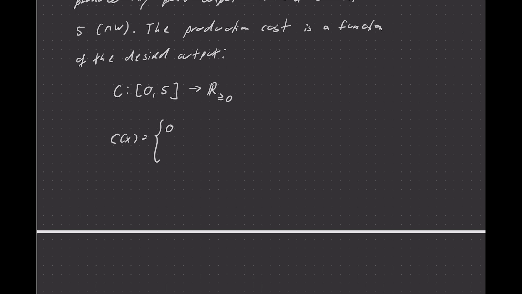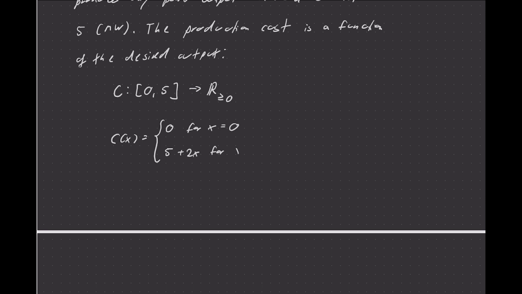No production means no cost. So it's 0 for x equals 0. And now once we start production, let's say there's two parts to that cost. There's a fixed cost that is incurred whenever the plant is running. And then there's a variable cost that depends on the desired output. So something like, let's just say 5, that's the fixed cost, plus 2x. Right?